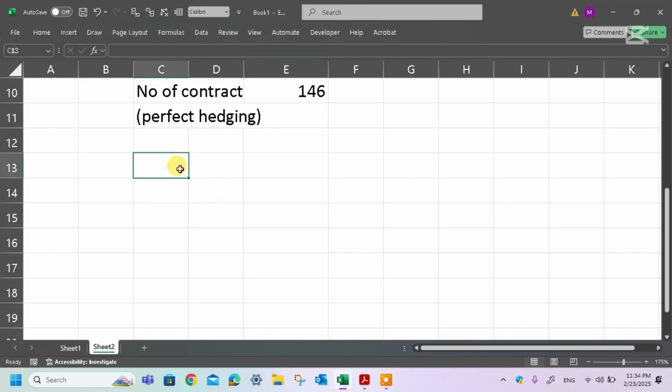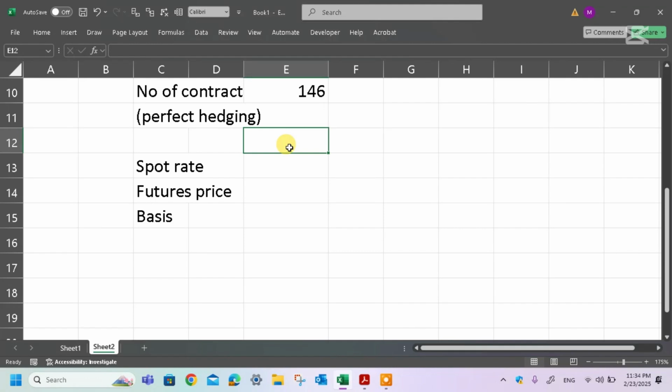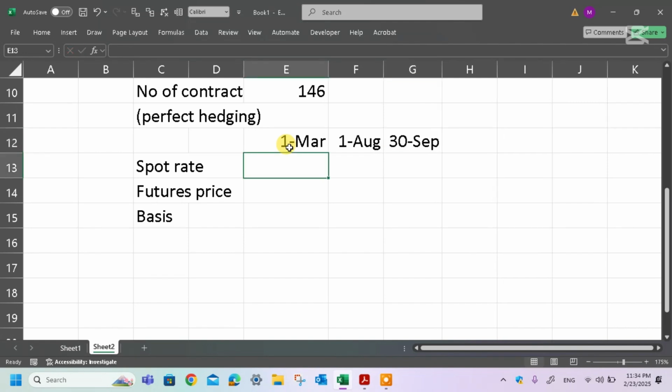How do you find the lock-in rate? Spot rate, futures price, the difference is basis. I usually do it in a table format. First you include today's rate, 1st of March, then the settlement date, 1st of August, then the expiry date. You are talking about September futures, 30th September.